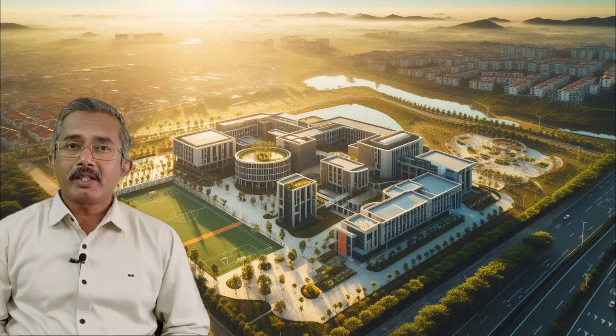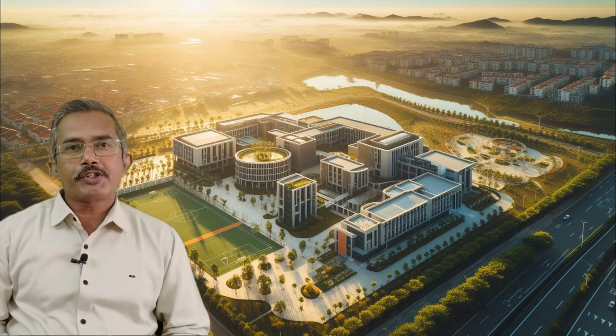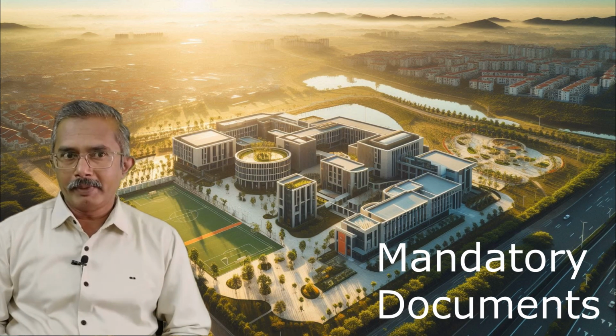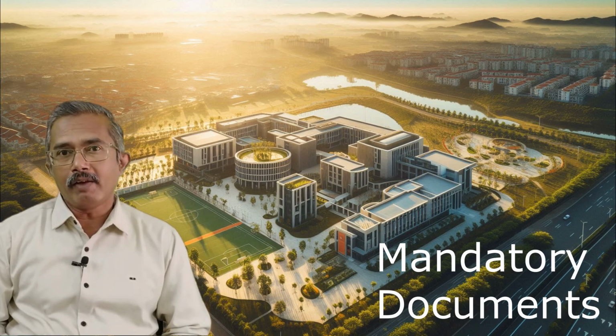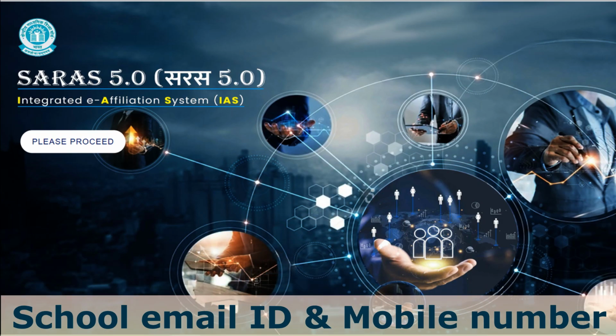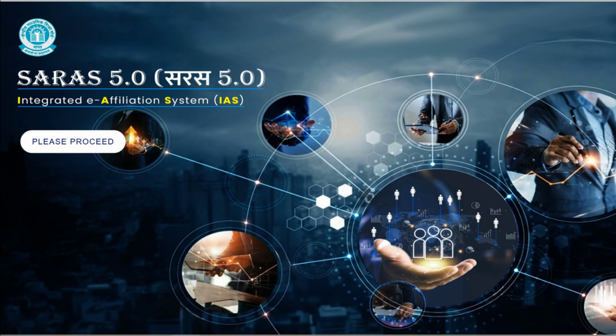Now that we have the basic requirements covered, let's talk about the mandatory documents you need to have ready for your application. The SARAS 5.0 portal requires you to have a valid school email ID and mobile number to proceed. You'll also need these key documents.